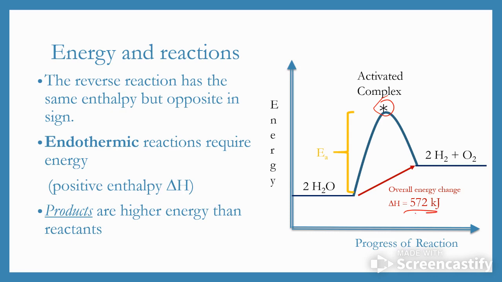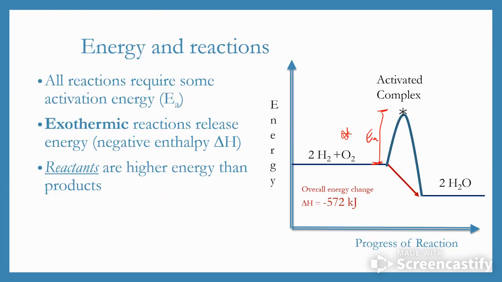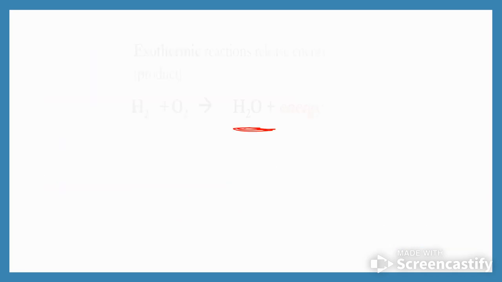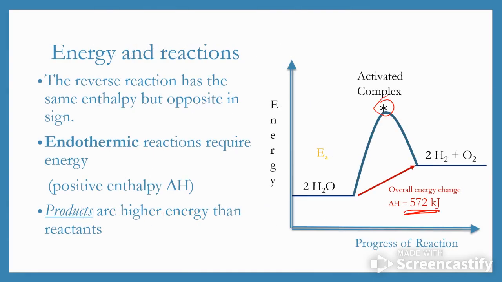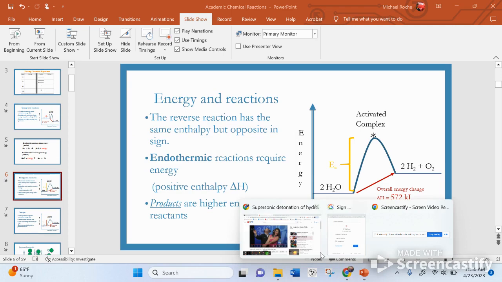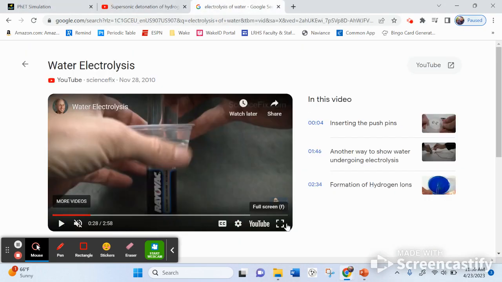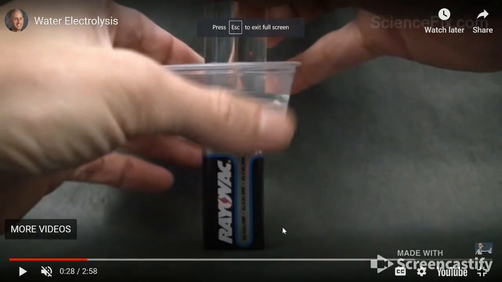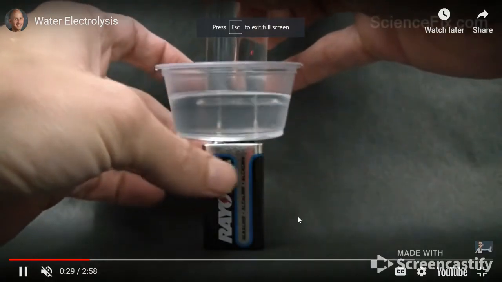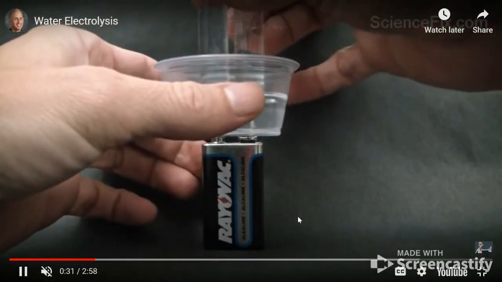And you can see the energy difference is the same in both the exothermic and the endothermic. It's just that in one way the energy is released, and in the other way the energy is required to get up. If we again take a look at a video of this, which we did in class, if you're separating water into its component gases, you need this battery energy to get in there.